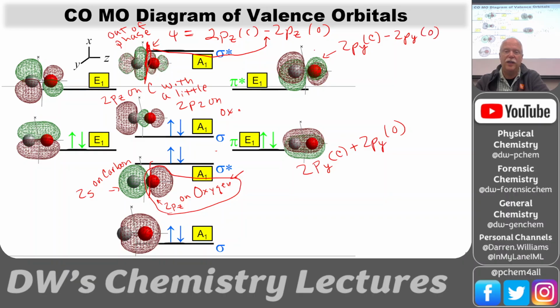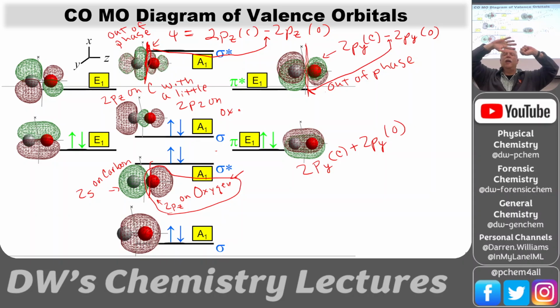You see, they're out of phase with each other, so there's this node that breaks the bond. So they're not mixing. One's expanding into the middle of that bond while the other one is contracting.